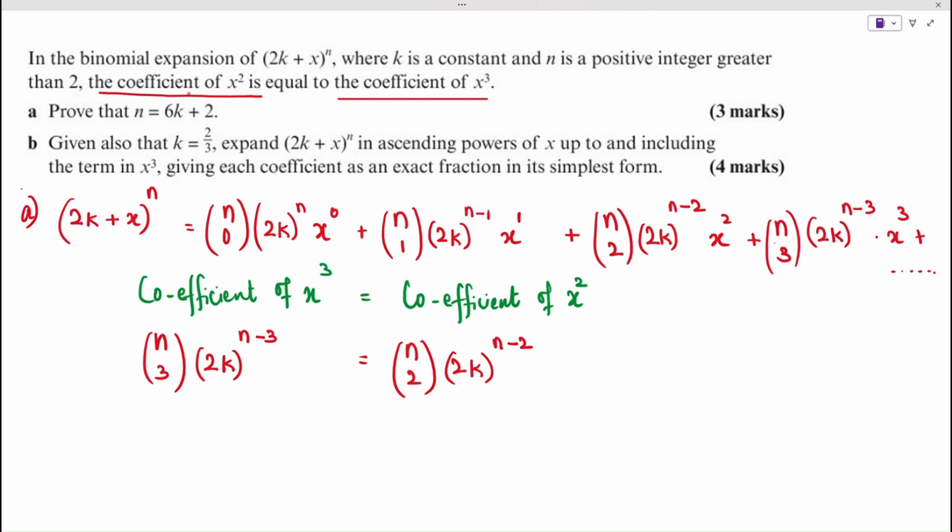In this position, we can now use the formula that we are given for the binomial expansion. This is n factorial over r factorial times (n minus r) factorial. And this gives us the values of things like n choose 0, n choose 1, n choose 2. So we just substitute those values in.